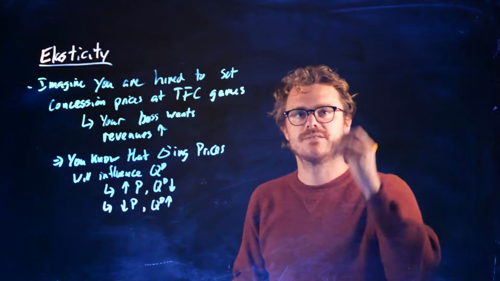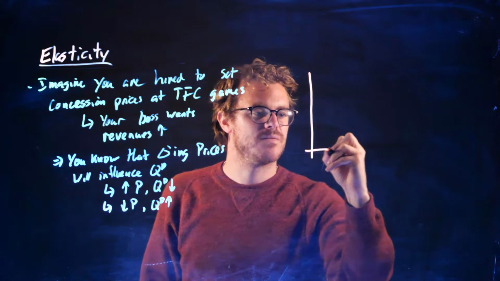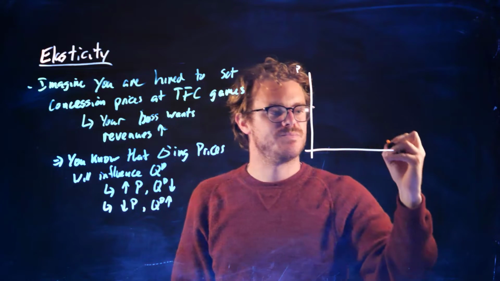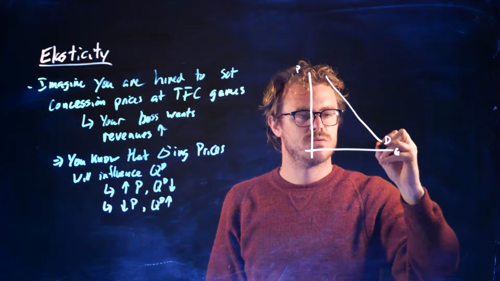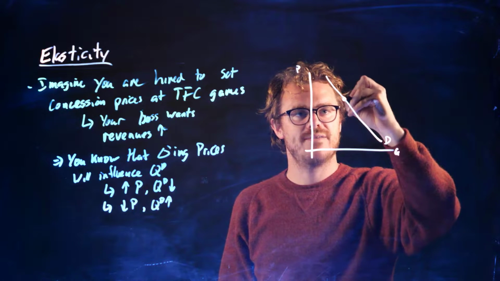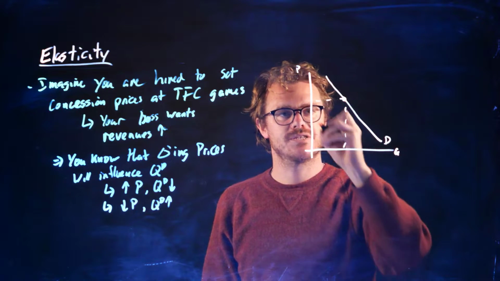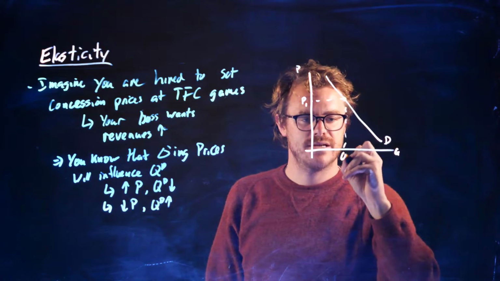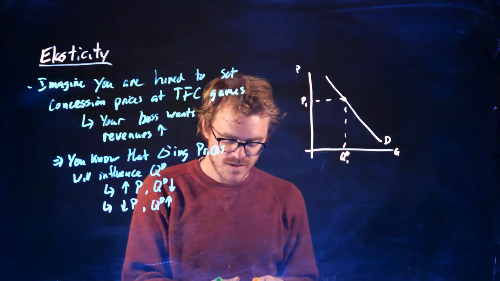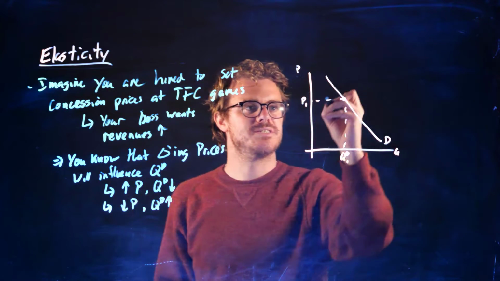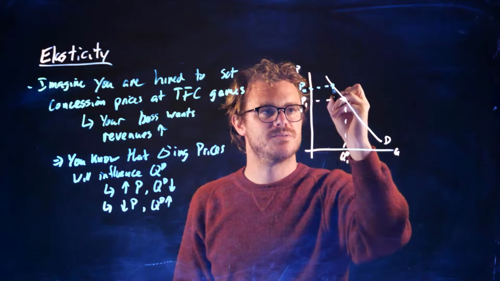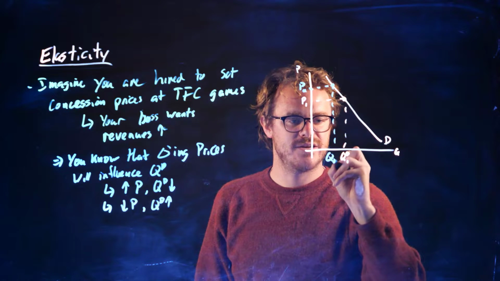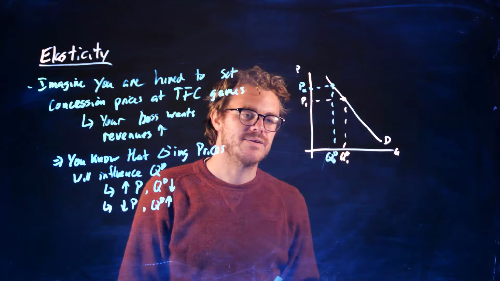So think of it as, if we draw a little graph with our demand curve, and we have this price, let's call it P1 and QD1. If we raise the prices to P2, our quantity demanded goes down, right?